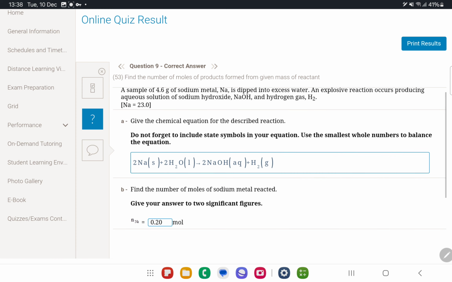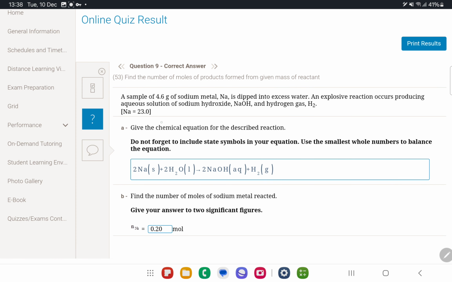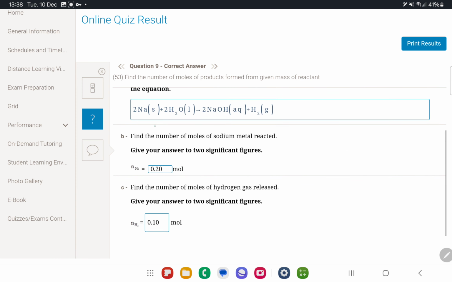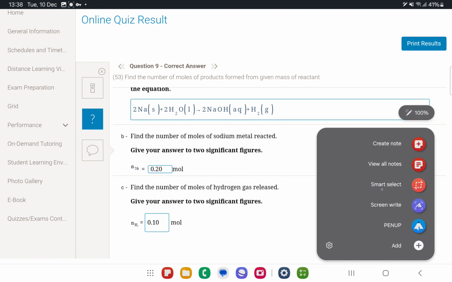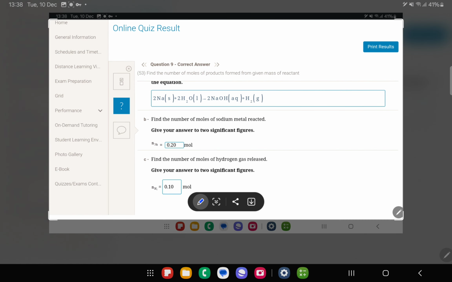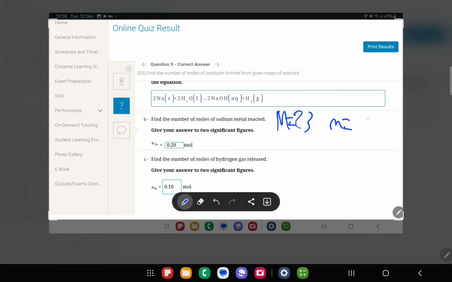We have 4.6 grams of sodium metal and 23 as the molar mass of Na. So 23 is the molar mass, and mass is 4.6. Now we can use n equals mass over molar mass to find the moles of sodium metal. So n equals 4.6 over 23.